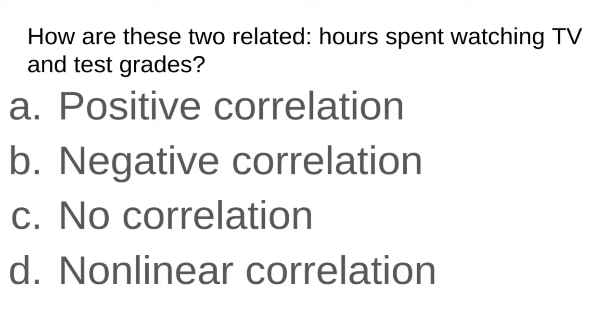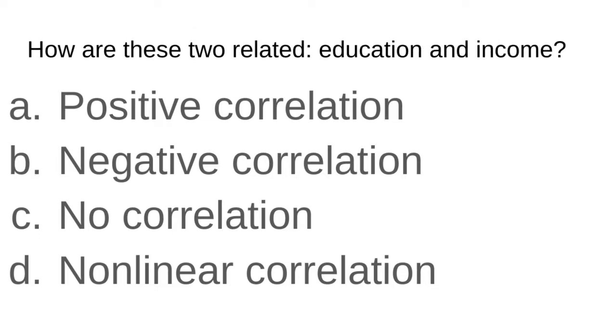Okay. All right, let's look at these two. So education and income. Okay, education and income. What kind of correlation do you think that these two have? Okay, in general, and there are a lot of outliers with this one, but in general, the more education that you have, the higher your income, right?